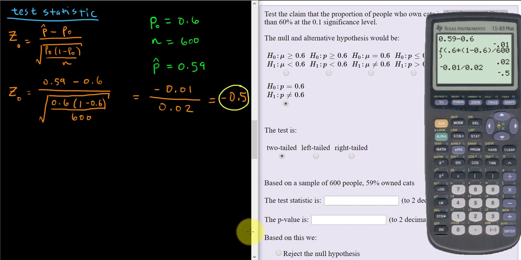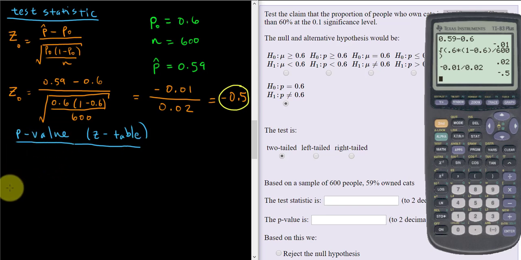But now our next step is to compute the p-value. To do this, we need to use our z-table. So I'm going to open up our z-table in a moment, but before I do so, I want to draw a picture. I think these pictures are very valuable, so that way we know what to do when we open our z-table. We are working in the z distribution.